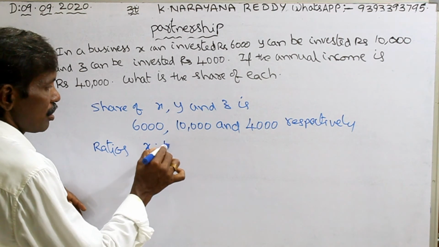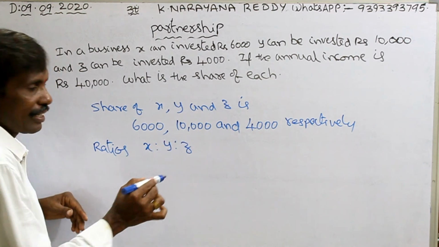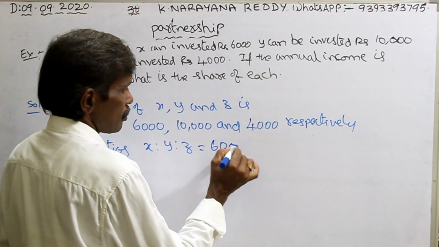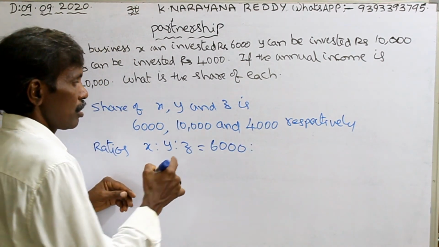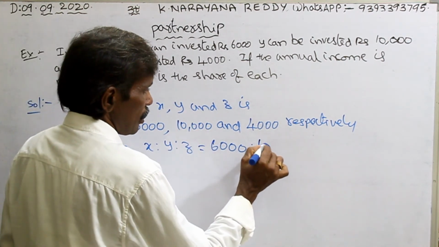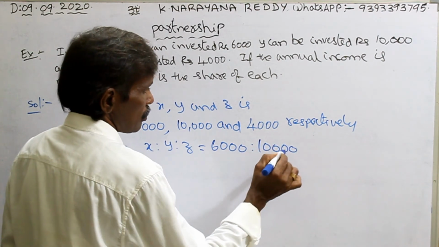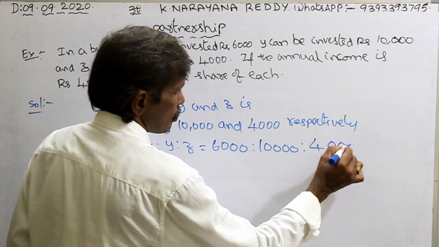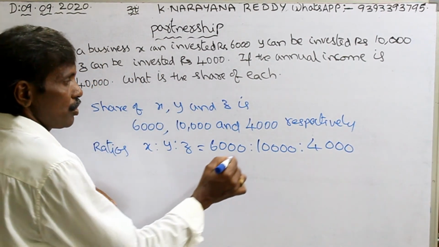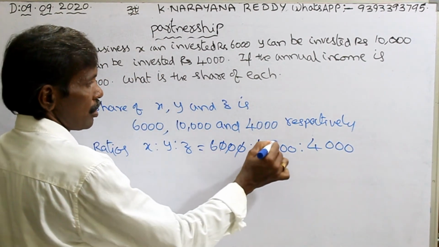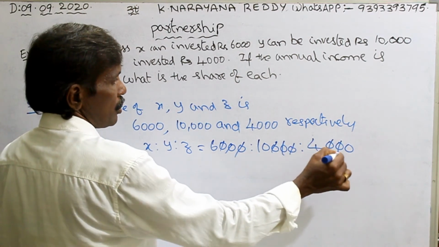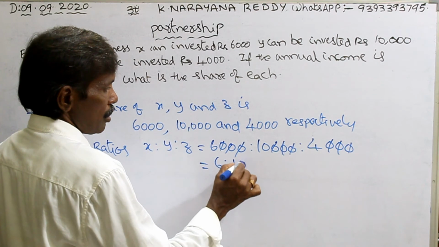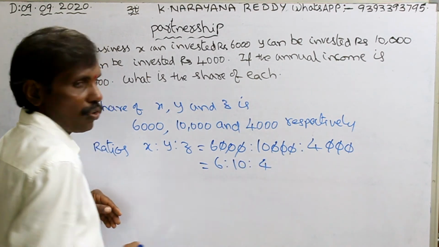X is to Y is to Z equals 6,000 is to 10,000 is to 4,000. Now the 3 zeros cancel. Simply 6 is to 10 is to 4.